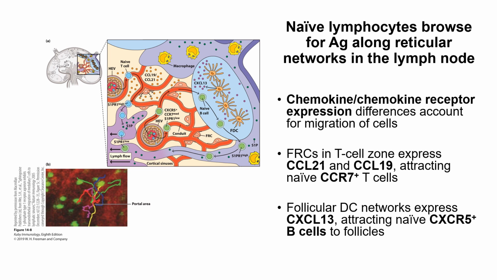Your textbook has the fibroblast reticular cells labeled as FRC cells, and they give off these cytokines and chemokines. My bad, I thought those were the dendritic cells. The dendritic cells aren't pictured along these networks, but they are present.